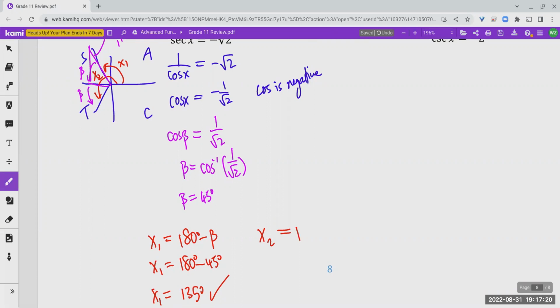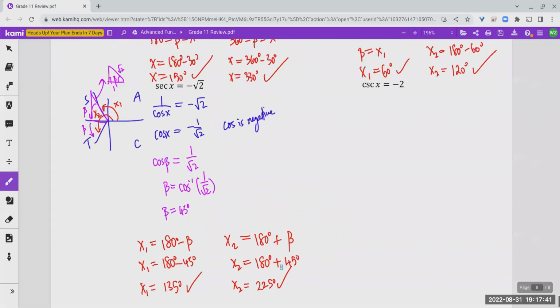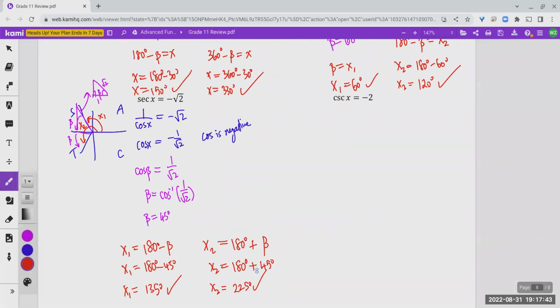So that is just 180 plus beta. All right. So beta is 45. So x2 is 180 plus 45. What is 180 plus 45? That's 225. Oh, okay, two answers.